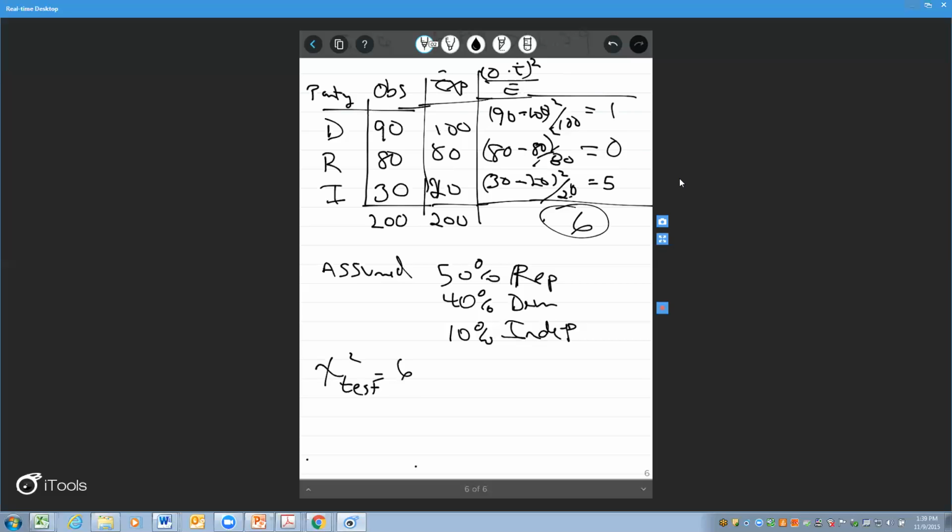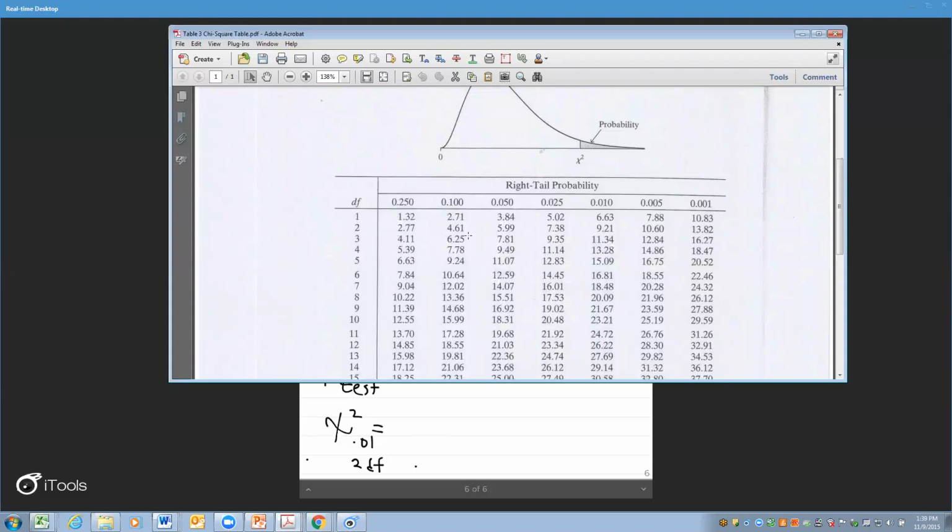The critical value is the chi-squared value looking in the 0.01 column with 2 degrees of freedom. Where does the 2 come from? There were 3 categories, so I get n minus 1 degrees of freedom, which is 2. So I'm going to go to my chi-squared table. I'm going to look in the 2 row and the 0.01 column.